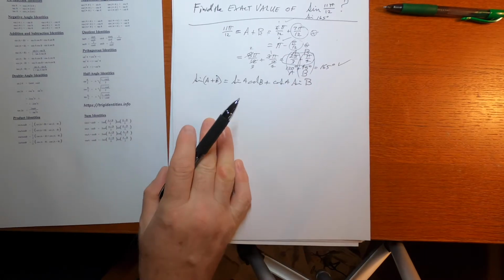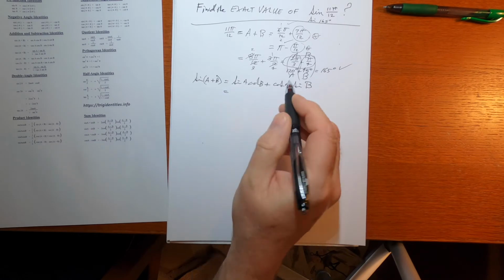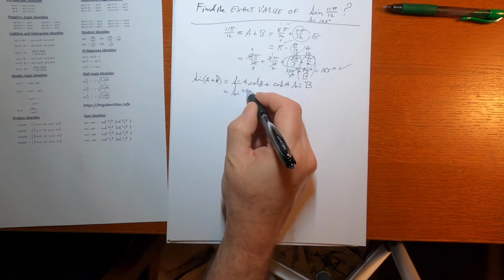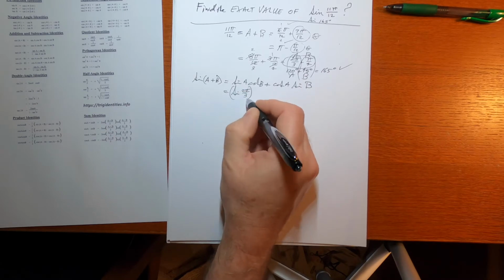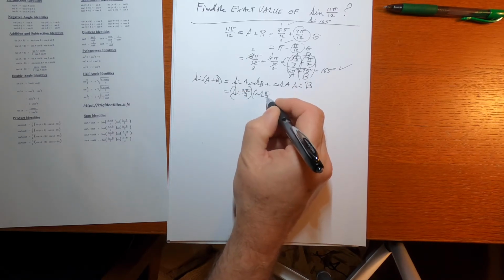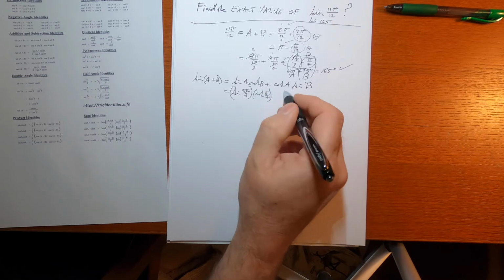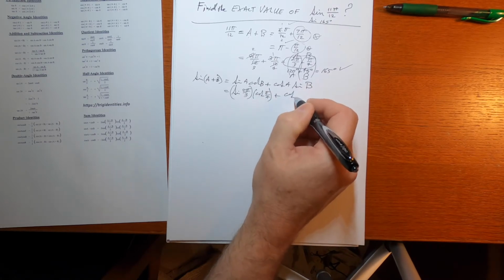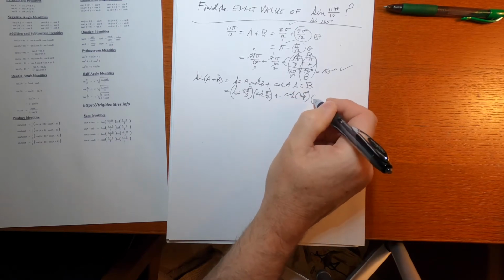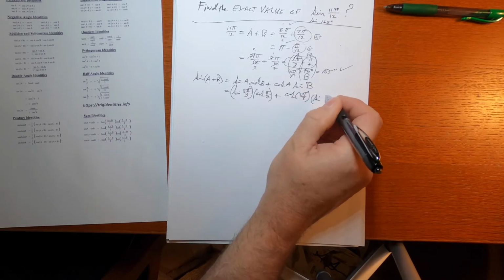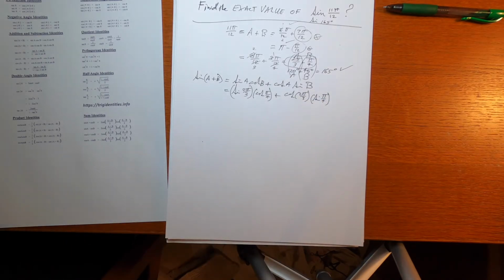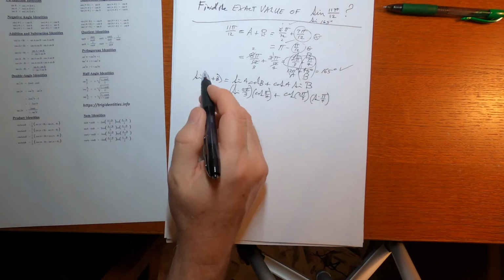So let's put them in. We get the sine of A is the sine of 2 pi over 3 and the cosine of pi over 4 plus the cosine of 2 pi over 3 and the sine of pi over 4. There you go. That's our identity here.